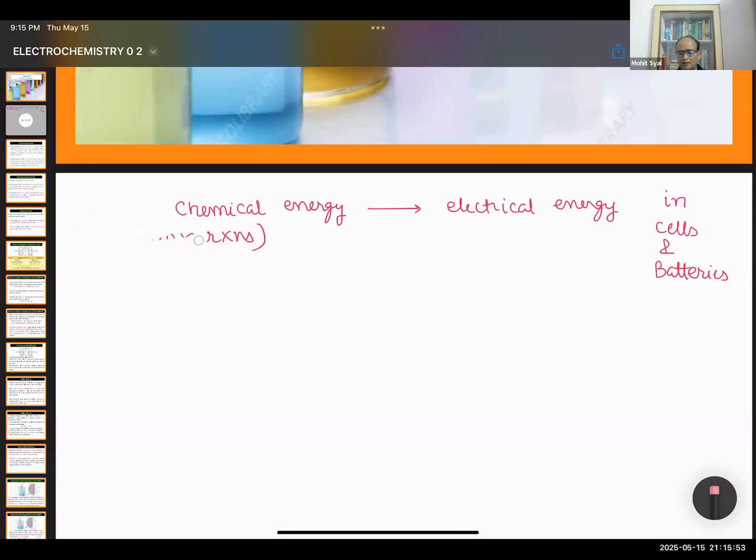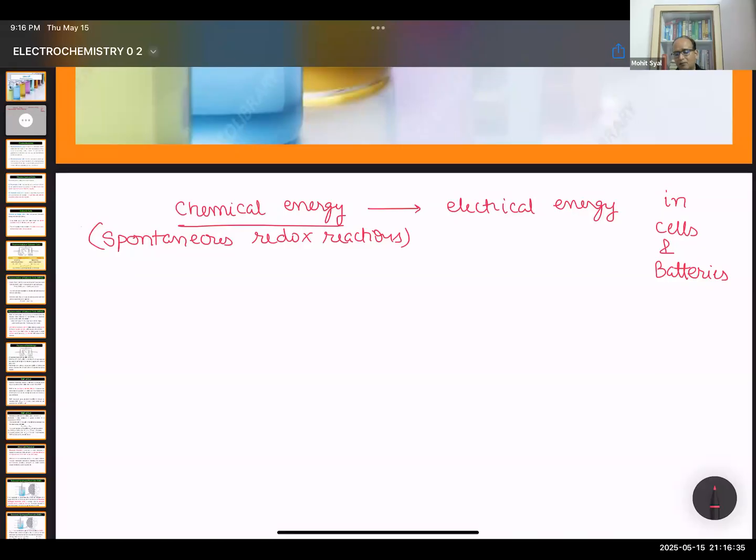Chemical energy generated by carrying out spontaneous redox reactions. That is, chemical energy is converted to electrical energy in cells.